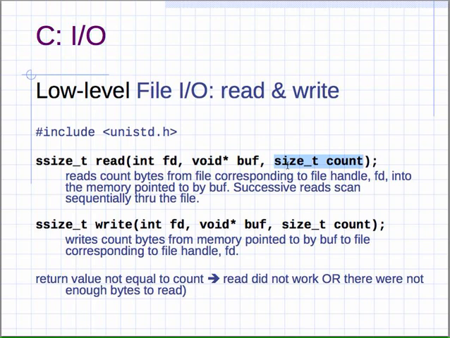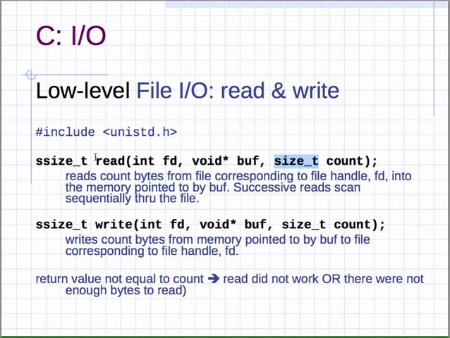So although this is typed as size_t, almost always size_t is either an int or an unsigned int. That is unsigned meaning 0 or greater than 0. Usually a 32-bit quantity. It's not obvious from here, but it's usually what it is.